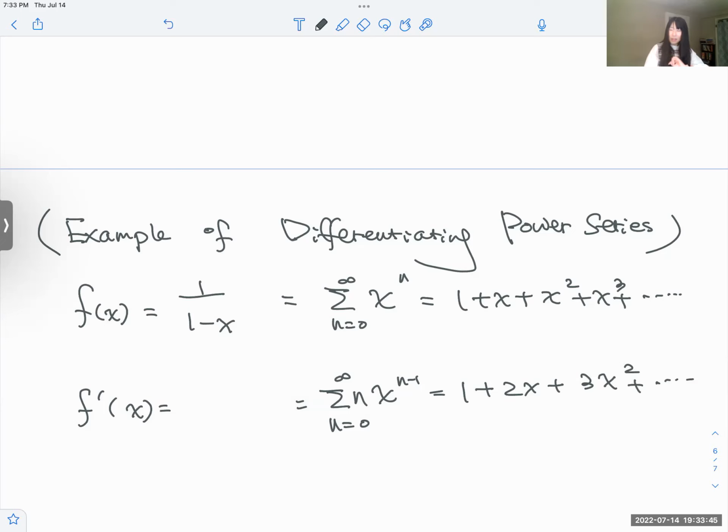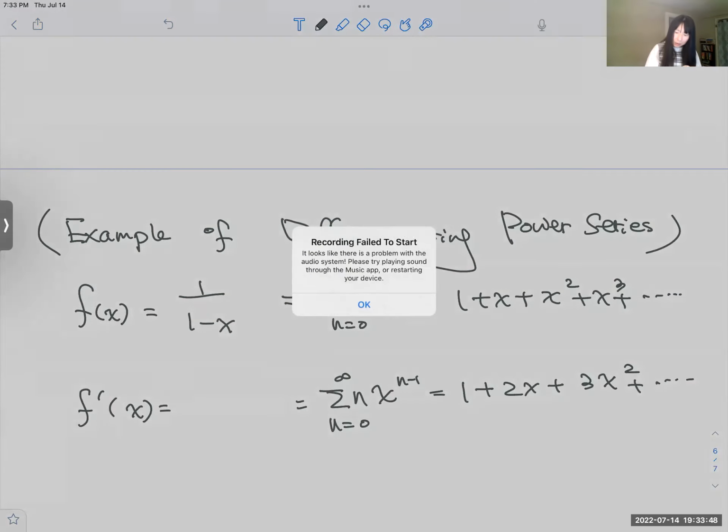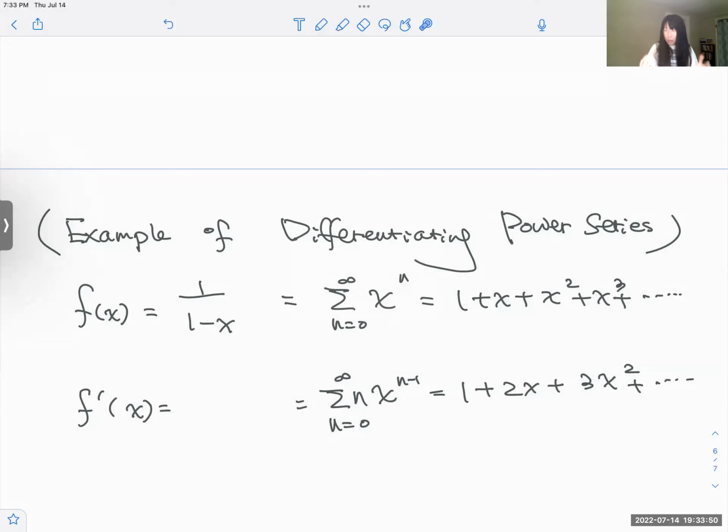Then we realize that, look, 1, 2, 3, 4, right? So we get the n, then the power reduced by 1, right? Because the coefficient is 3, and then the power is reduced by 1, with the coefficient being the n. Can you see that?